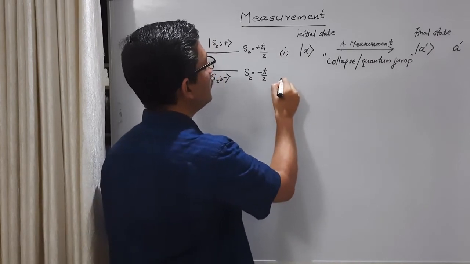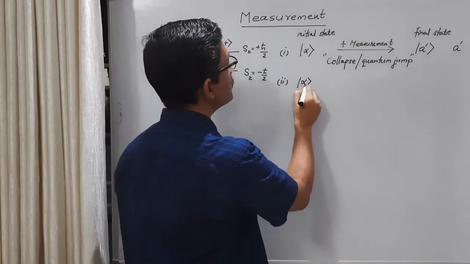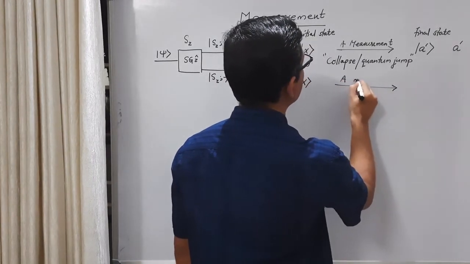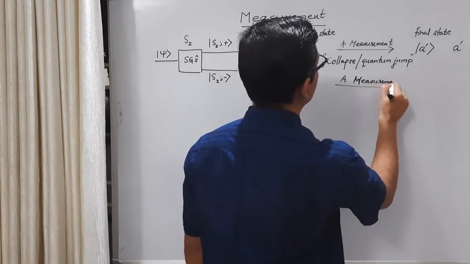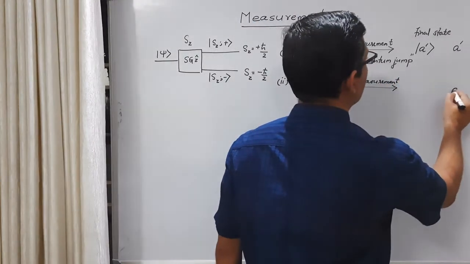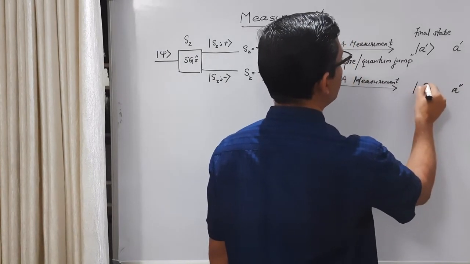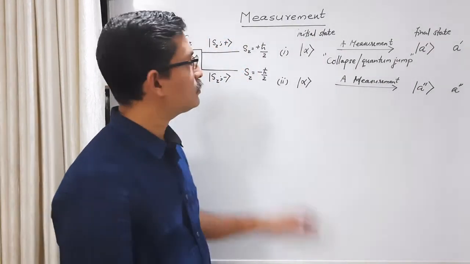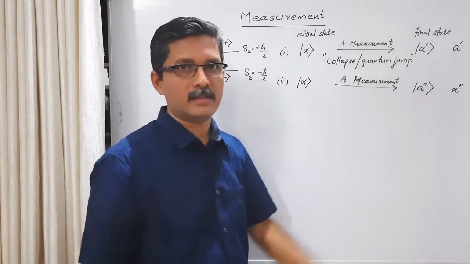Then let us say this is trial 2. In trial 2, again we start from the same initial state. Then we do another measurement. This time the result of the measurement is, let us say, the eigenvalue A double prime. Then the final state is the eigenstate corresponding to this eigenvalue. So now it collapses from the general state to another eigenstate.